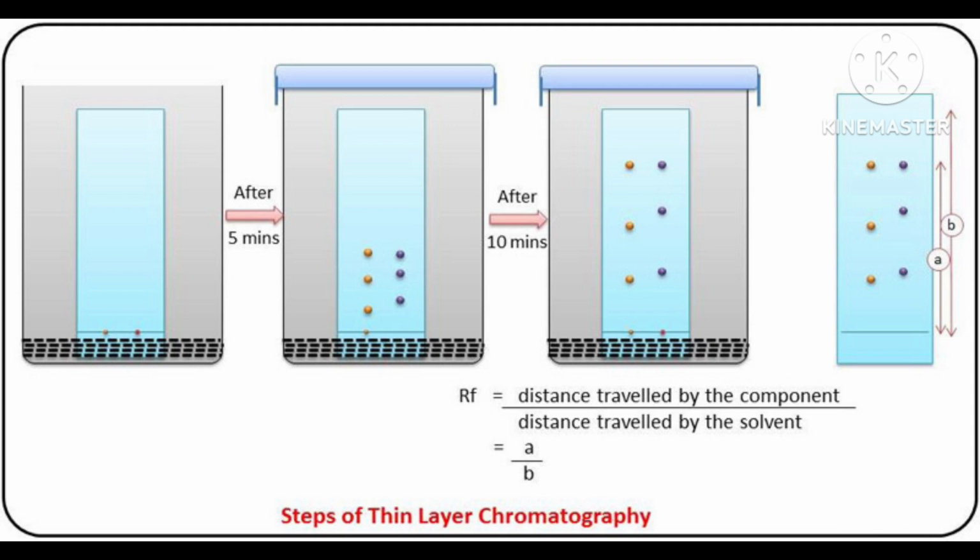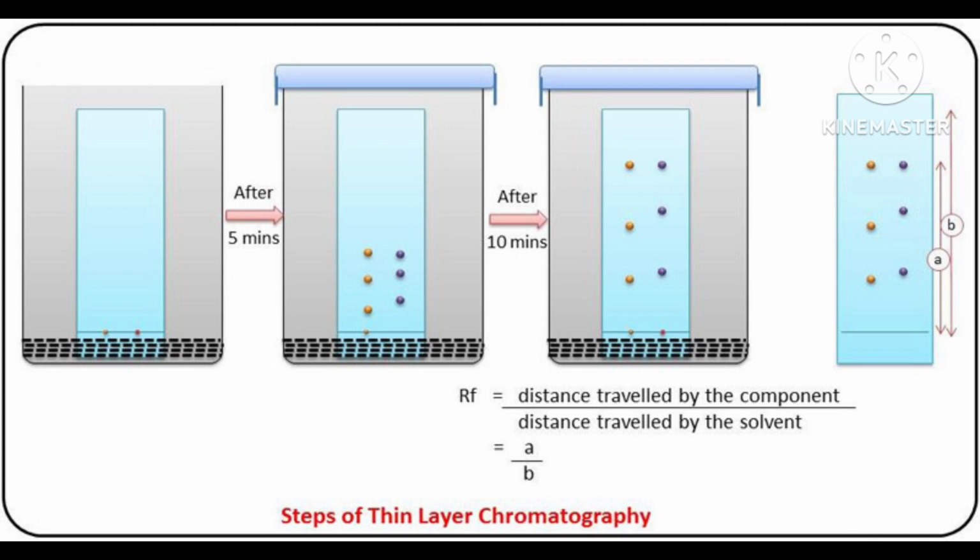This I also told you, you have to pass UV light and then you can see, by the process of fluorescence. It can be detected in ultraviolet light by putting the plate under the UV light.